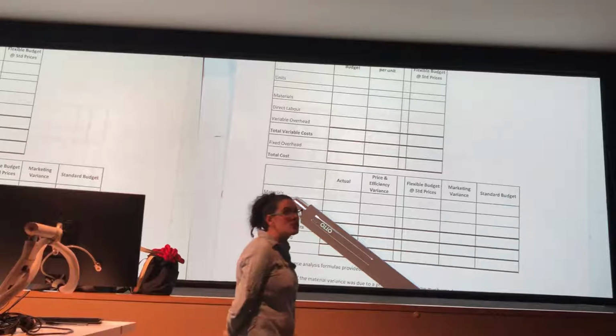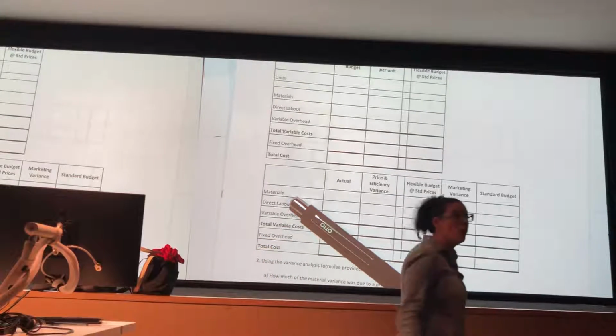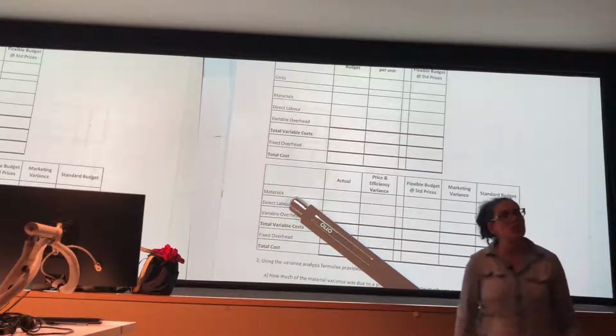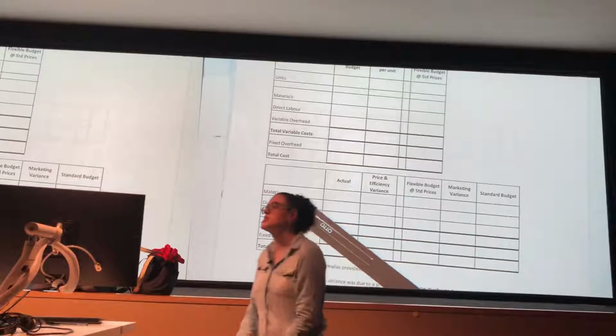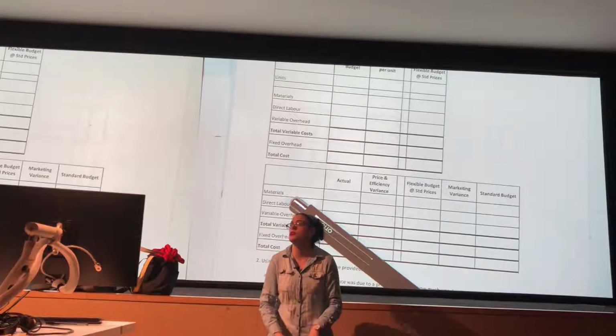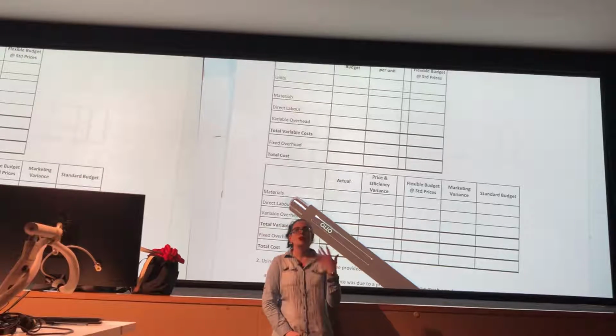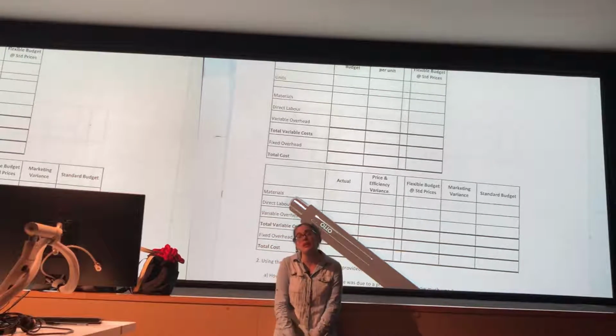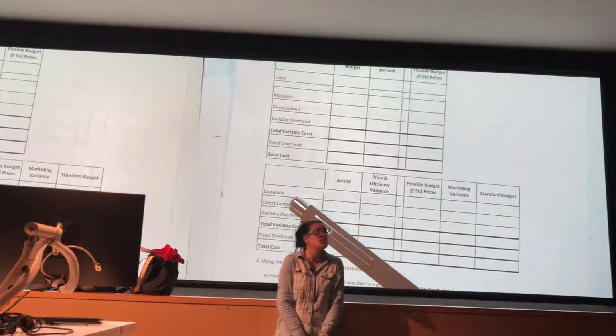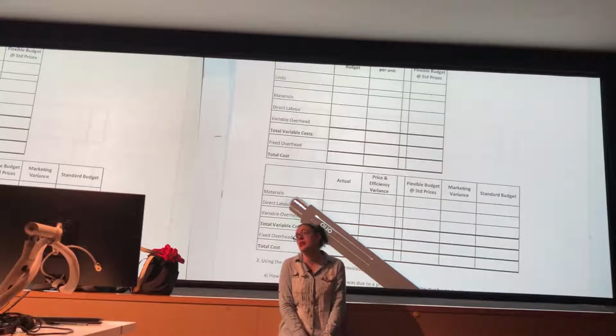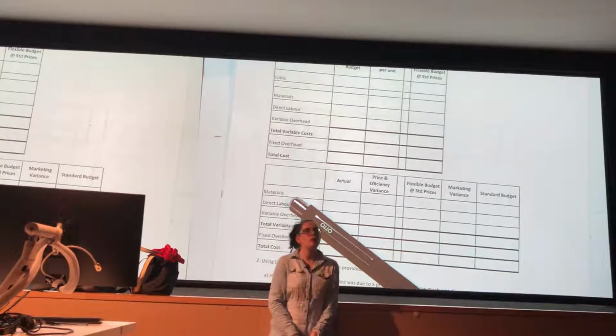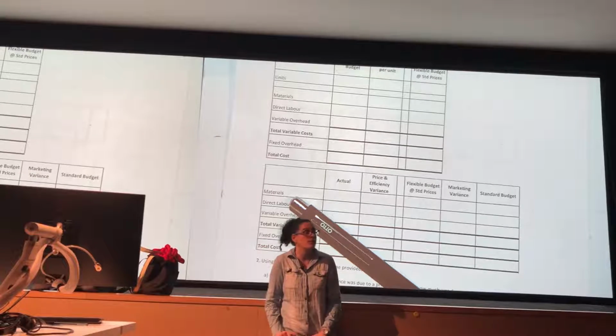Now, with this variance analysis, we're going even more basic. Before, we would just say we thought the cost of making this chair was going to be $50, but it turned out to be $60, so obviously it's $10 over budget.